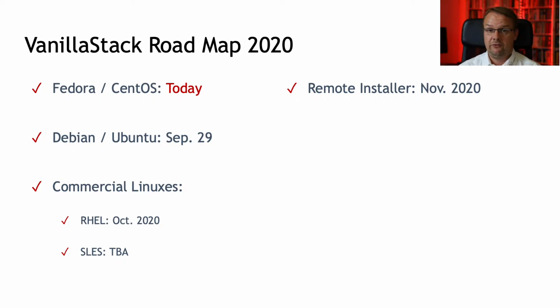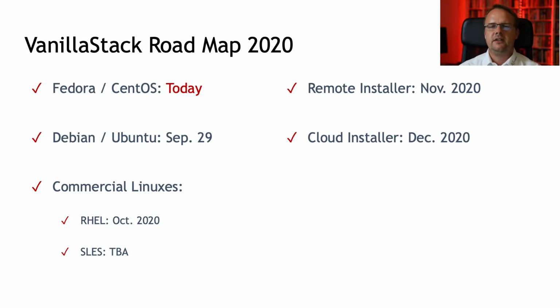Obviously, it's not working for private environments where no external access is possible, but for any other environment it would be possible. And we will provide you with a cloud installer as well. That cloud installer will commission and roll out a cloud environment for your VanillaStack on at least Azure and AWS in December. The team is working intensively on that, and that would give you a completely wireless solution.